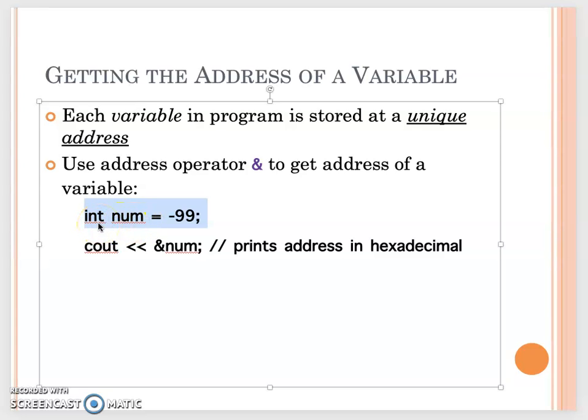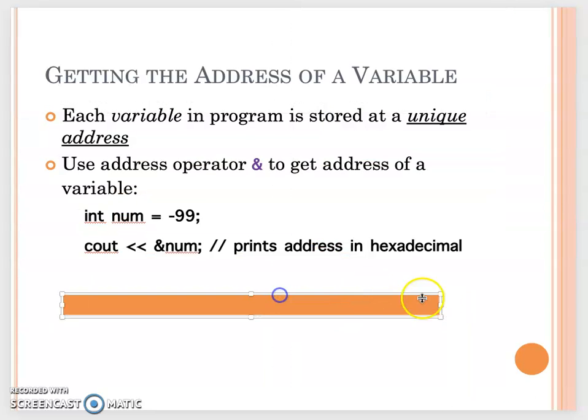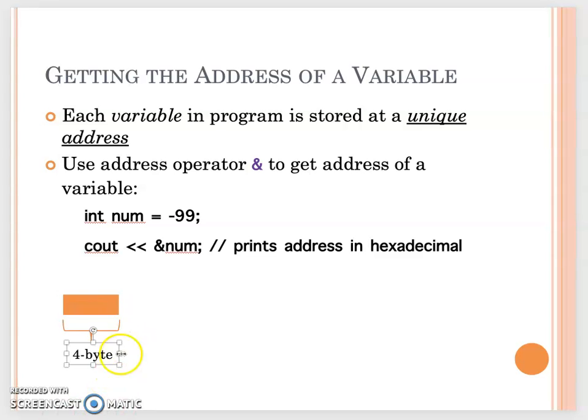So how many bytes is the int data type? Good, that's 4 bytes, right? So when we create a variable, for example our variable called num, because it is 4 bytes, we allocate 4 bytes of memory.